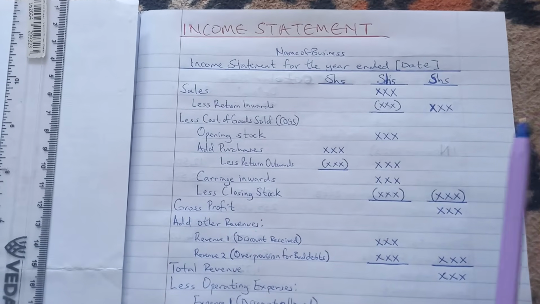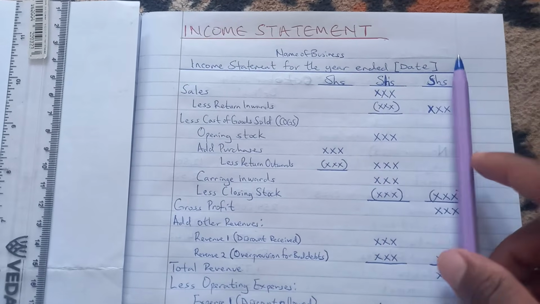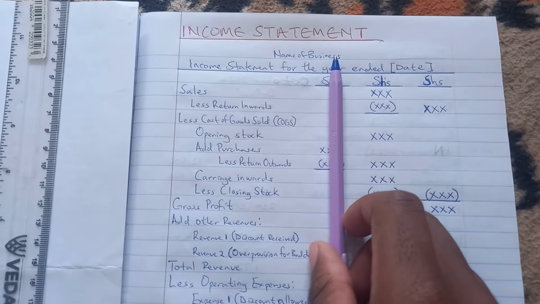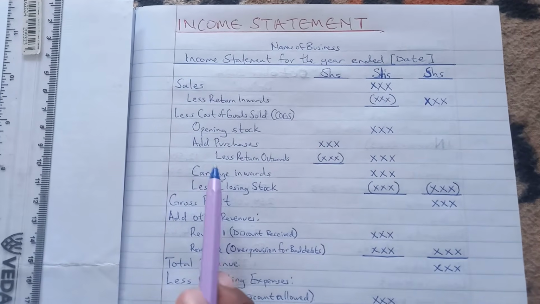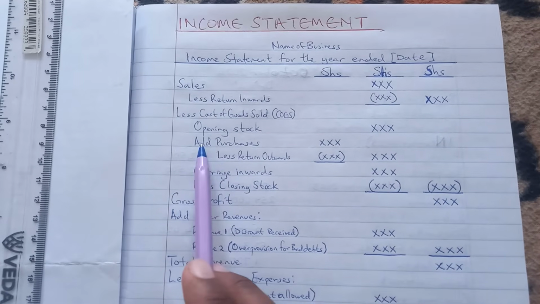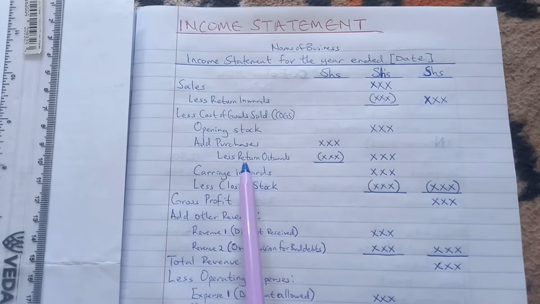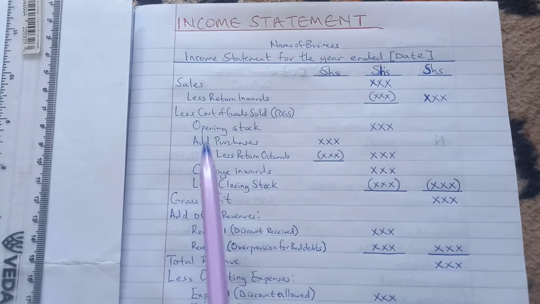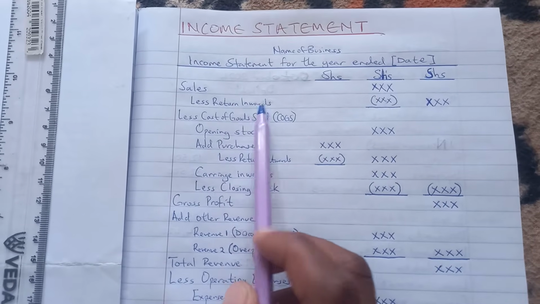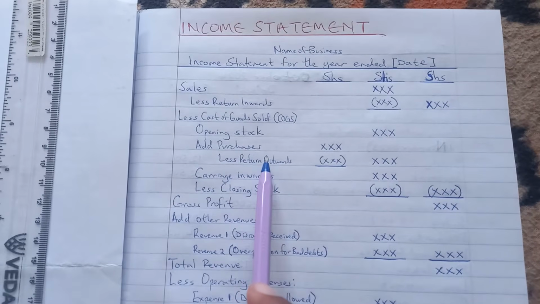But this is normally the main column for calculating, and this is the column for writing your answer. This column is optional. So opening stock is given, you write that amount, and then in the question you may be given purchases and you will be given return outwards.